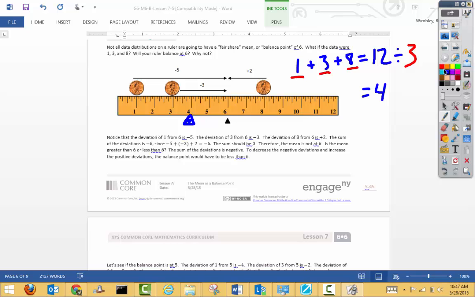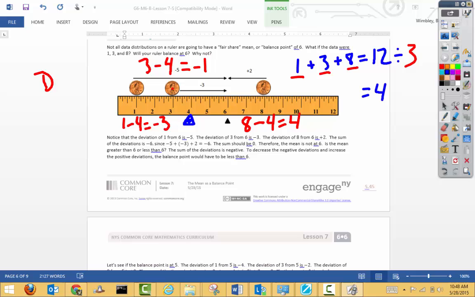Let's check. 1, so I'm finding those deviations again. 1 minus 4 is -3. Then I'm going to go find the deviation of my 3. So 3 minus 4, that's my mean, is -1. And then I have 8 minus my mean is 4.